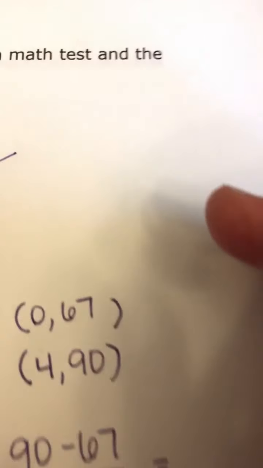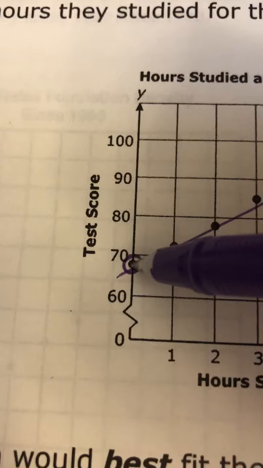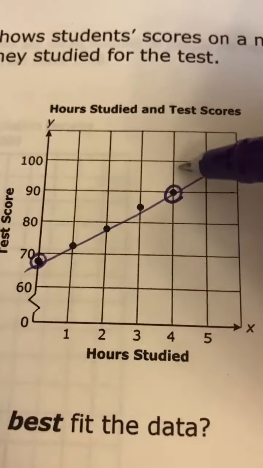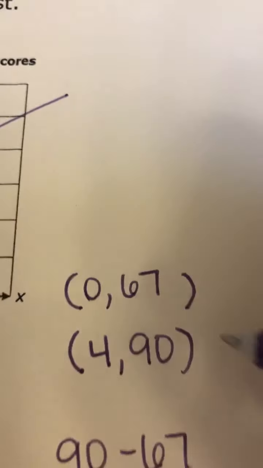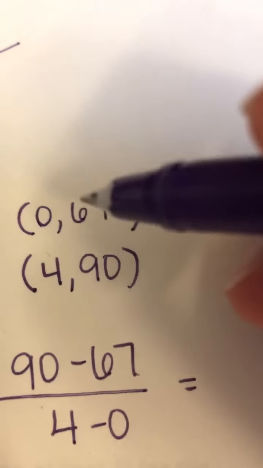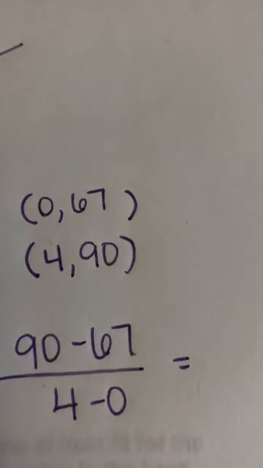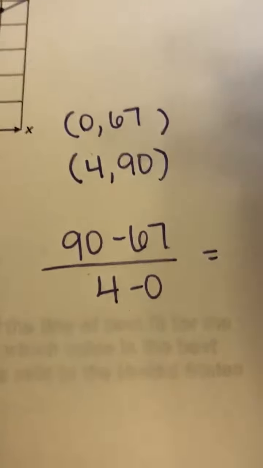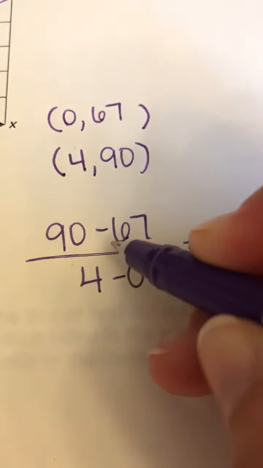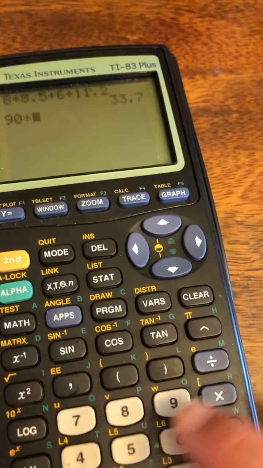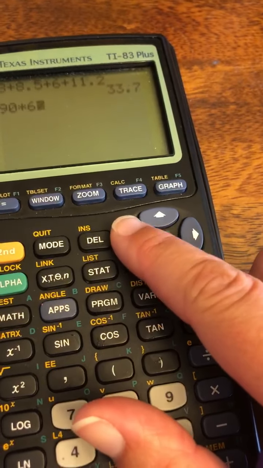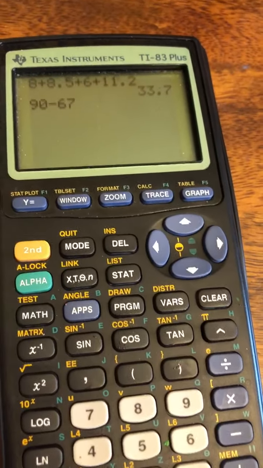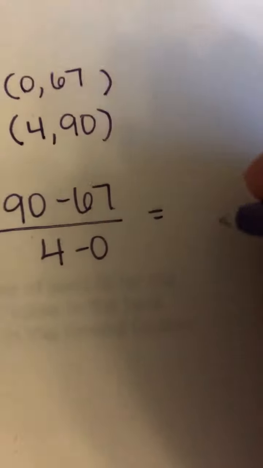So I wrote down my 2 ordered pairs, like this was the y-intercept, (0, 67), and this was (4, 90) about. So I'm just going to find slopes so I can figure out which one of these slopes would best work for our line. So 90 minus 67 is going to equal 23.